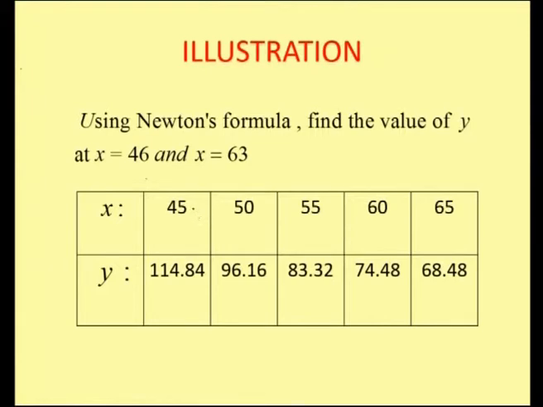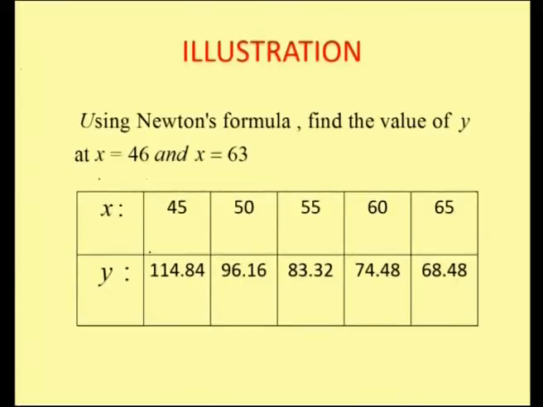So, for finding the y value at x is equal to 46, we use Newton's forward difference formula, and finding the y value at x is equal to 63 is somewhat at the back. Therefore, we have to use Newton's backward difference formula for finding the y value corresponding to x is equal to 63. So, x values are given and y values are given.